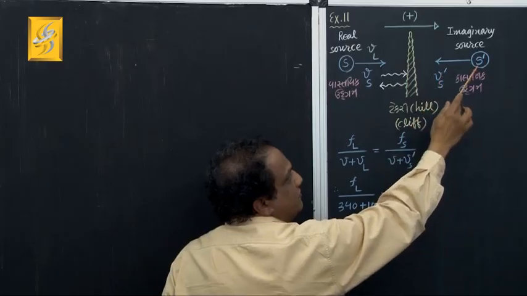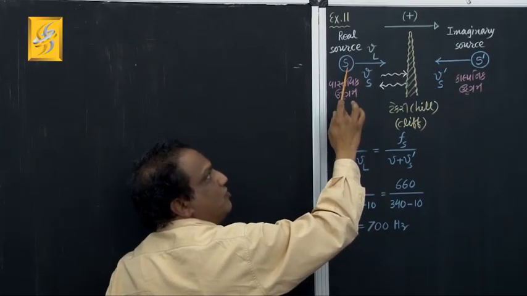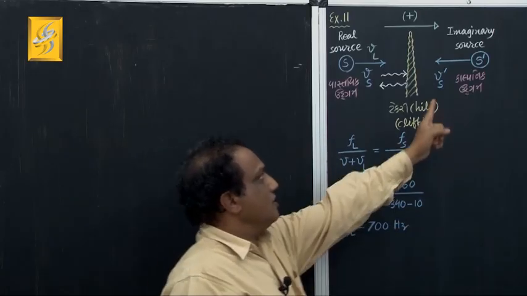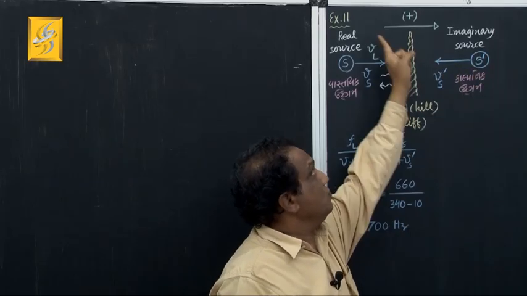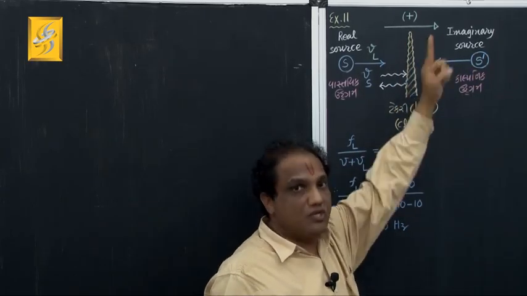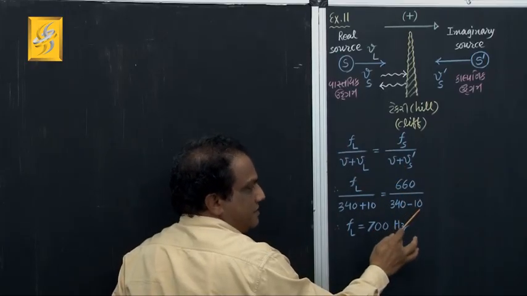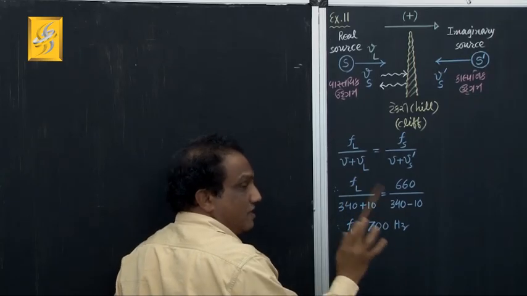This velocity, magnitude wise, is the same as this. What was the magnitude of velocity of the real source or engine? 10 meter per second. So here also this speed is 10 meter per second. But because the direction is opposite to the direction shown in the sign convention, we should take it minus 10. So Vs dash is right now minus 10. And now simplify. The answer for FL is 700 hertz.